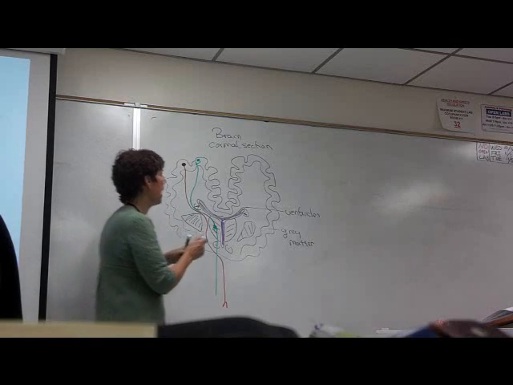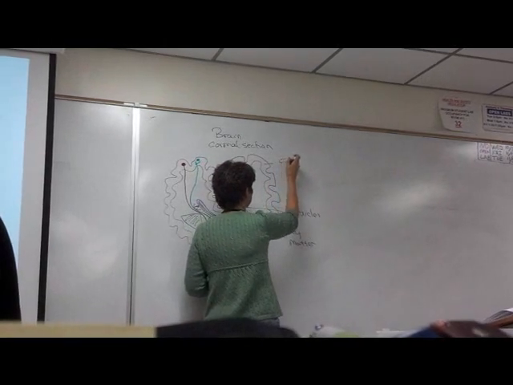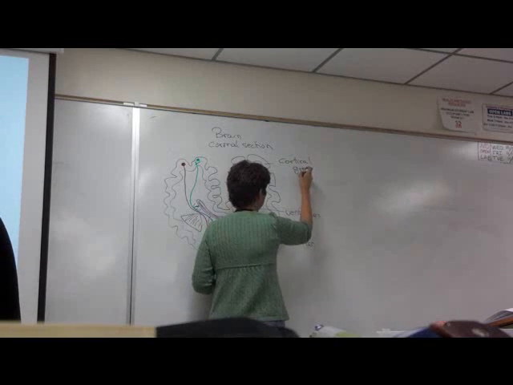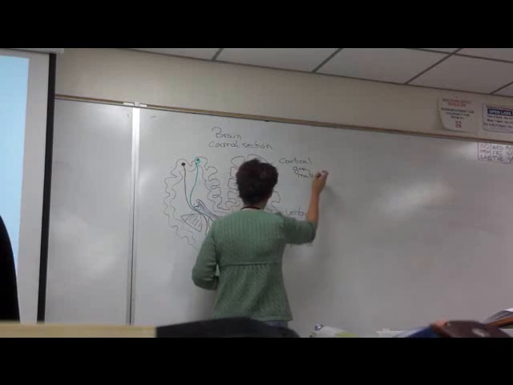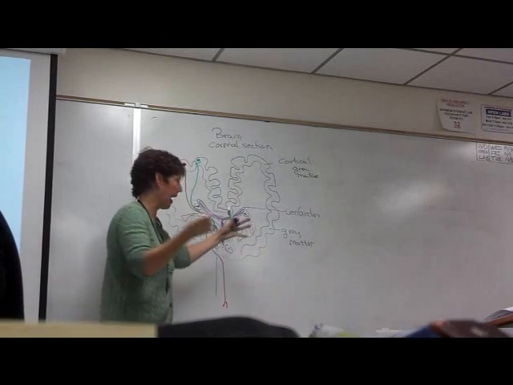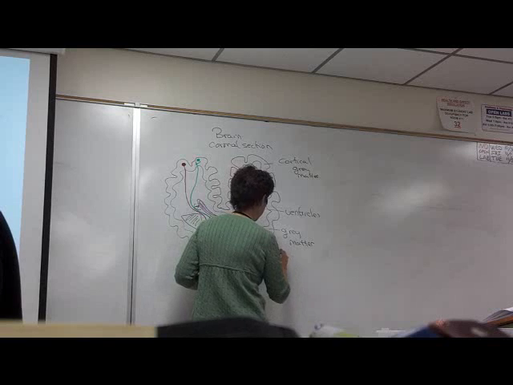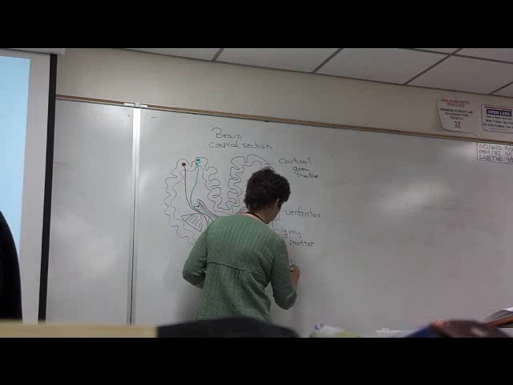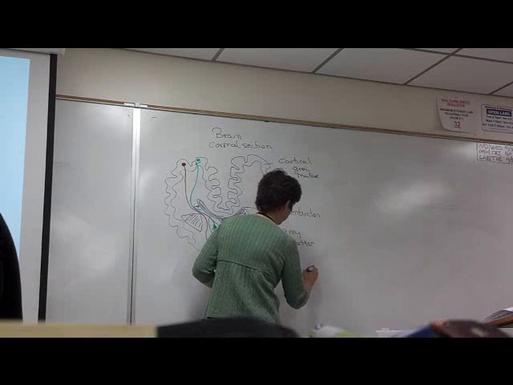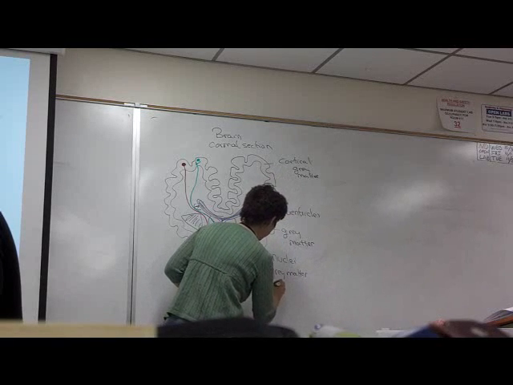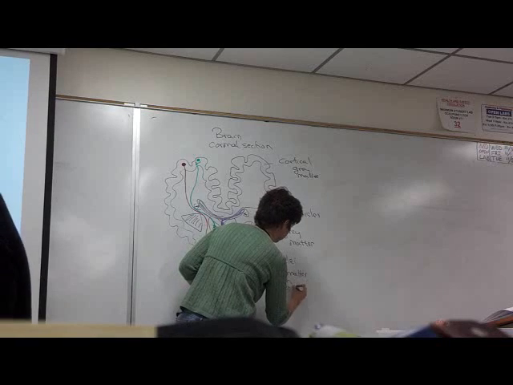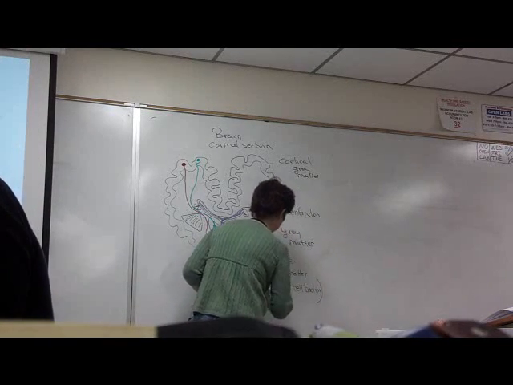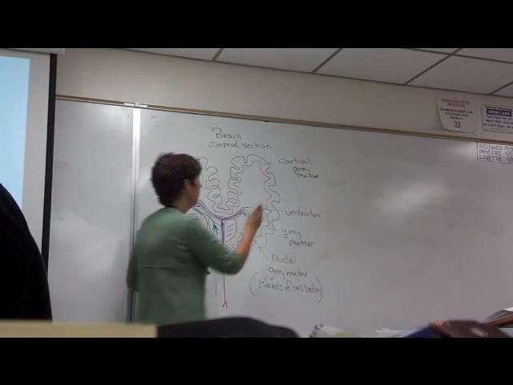Okay? So the gray matter in the brain is cortical. So this is cortical gray matter. And then we find it in these islets or islands, and these are known as nuclei. Gray matter, which are islands of cell bodies. Okay, gray matter.